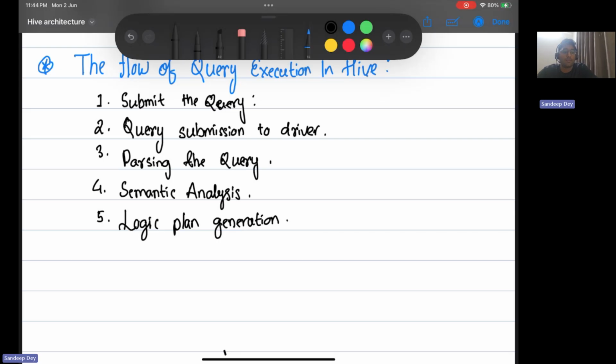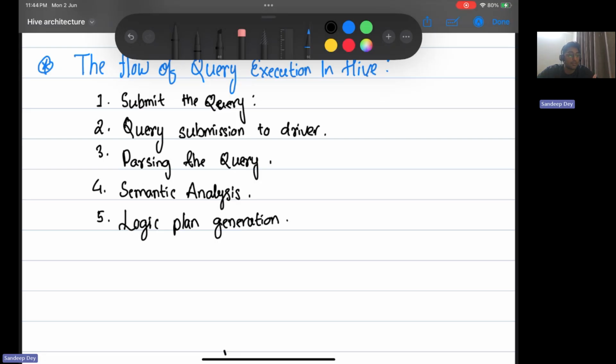Based on the result of semantic analysis, the driver generates a logical plan. When I say semantic analysis, it means validating the query against the schema and metadata in the Hive metastore. Kind of double-checking that whatever data you are querying is actually present or not. Okay, this is semantic analysis.